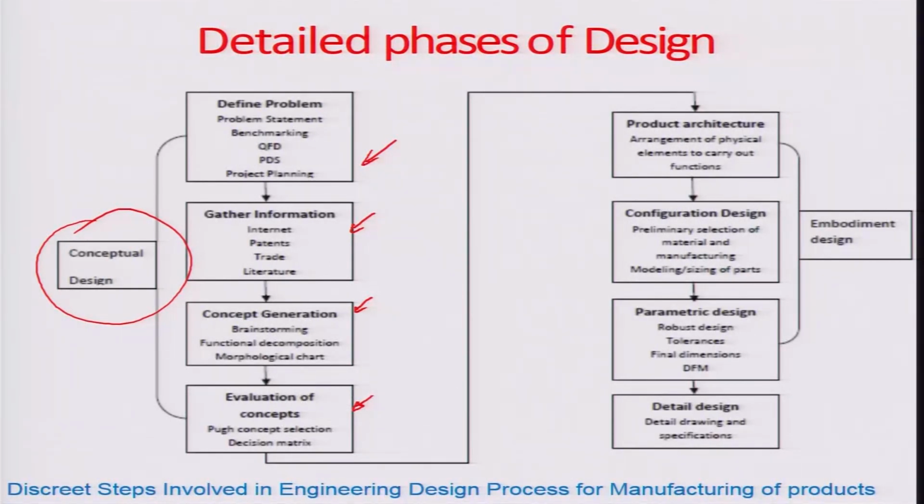The other phase is related to the actual design of the embodiment which is being planned in the conceptual stage, which will solve the need or problem. This necessitates a stage of defining the architecture of the product, which talks about the arrangement of physical elements to carry out different functionalities put together in a single page, or even the configuration aspect of the design, where there may be the question of functionality-based mapping by putting things in space and how the product would interact with its environment.